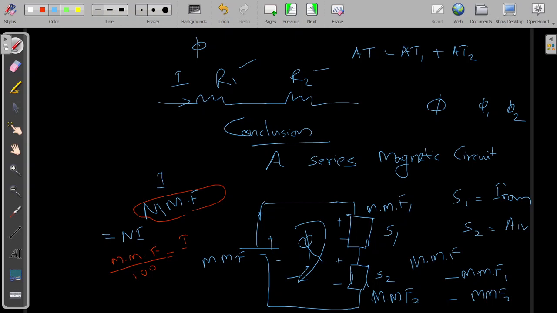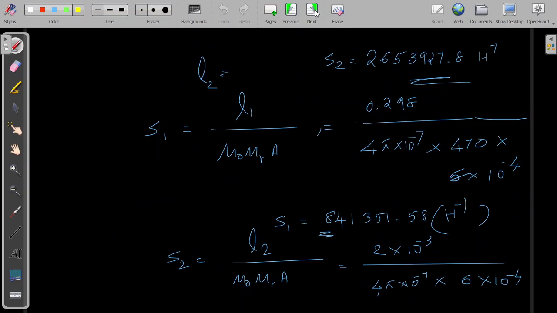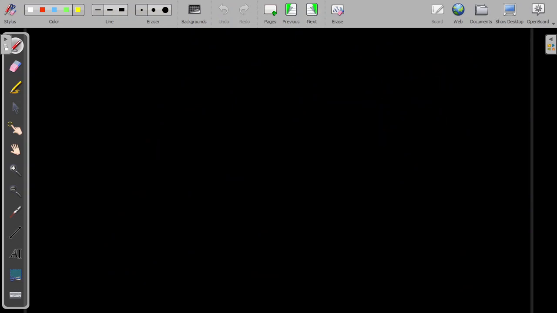And this AT1 will be equal to phi into S1 and AT2 will be equal to the same phi into S2. So again we have phi into S1 and phi into S2.